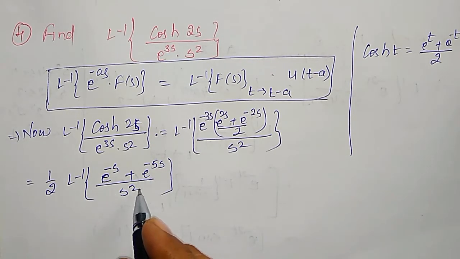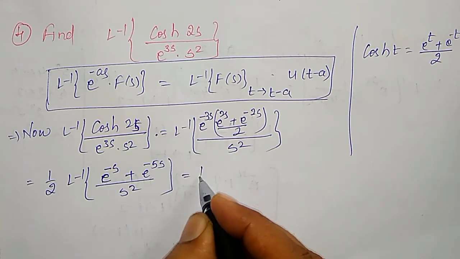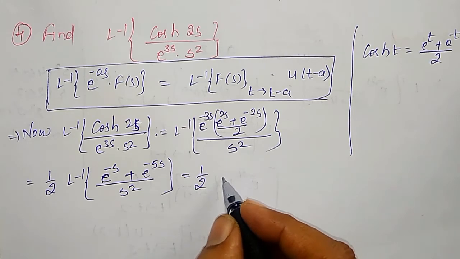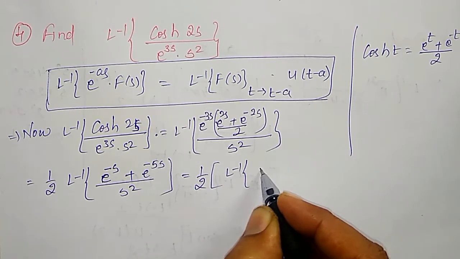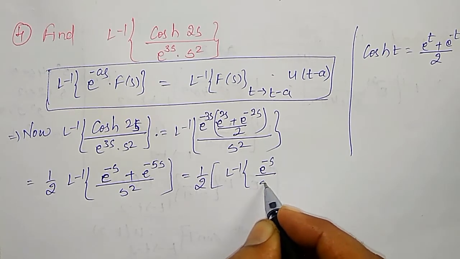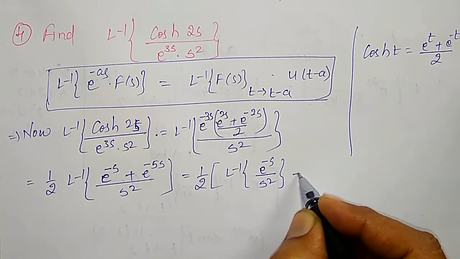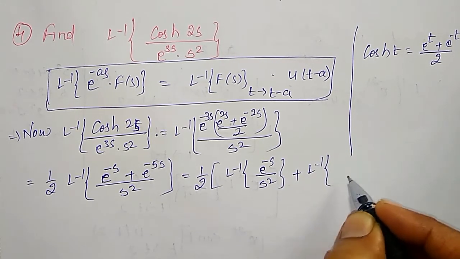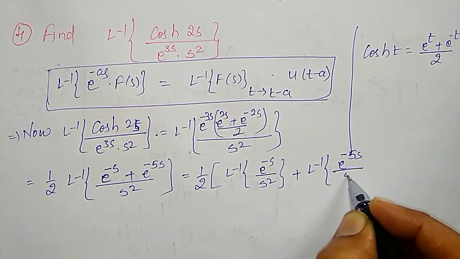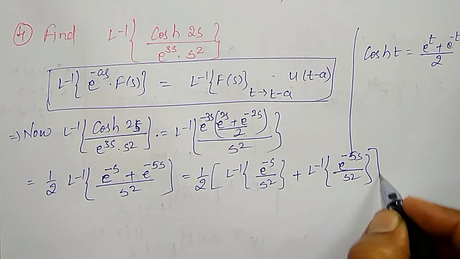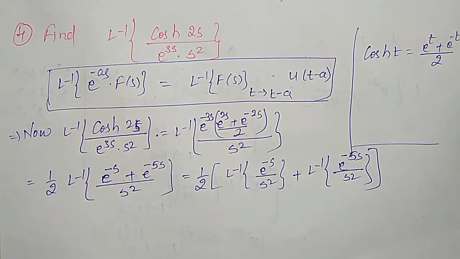This one I can split into two terms because the numerator is like this. I will split it into two terms as 1 by 2 into inverse Laplace transform of e to the power minus s divided by s square plus inverse Laplace transform of e to the power minus 5s divided by s square.